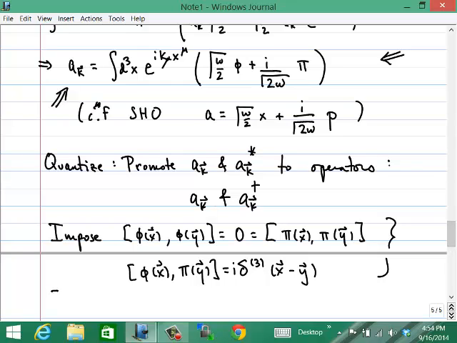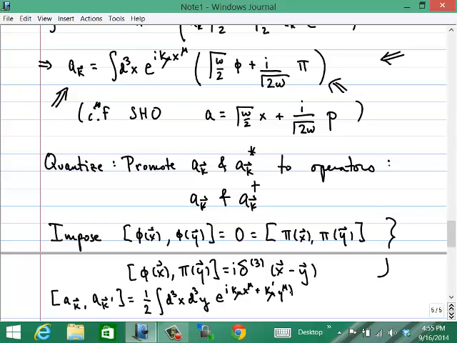Okay, so let's go ahead and compute the commutator of a_k with that of a_k prime. So I'm just going to plug into this expression here. Well, I'll pull out a factor of 1/2 coming from squaring that factor of root 2. I get an integral d3x when I expand that first a_k, and an integral d3y when I expand the a_k prime. And I get an e to the i (k_mu x^mu plus k_mu prime y^mu).